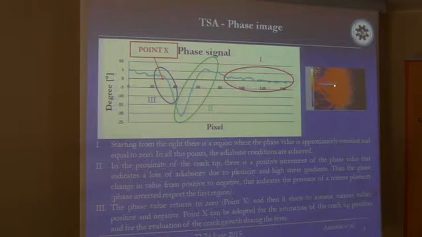In proximity of the crack tip region, there is a positive increment of the phase value that indicates a loss of the adiabatic condition due to the plasticity and the high stress gradients. Then the phase starts to change in sign from positive to negative. In the third region, there is an increment of the phase value of the thermoelastic signal, so it becomes positive, and the point X, at the intersection with the zero point, can be assumed as the position of the crack tip.